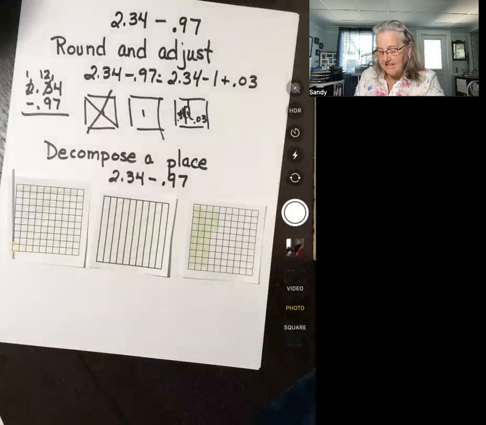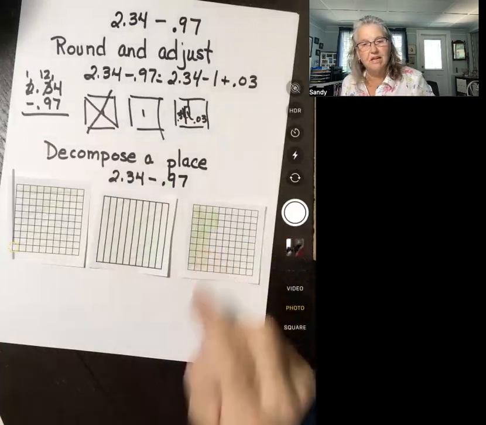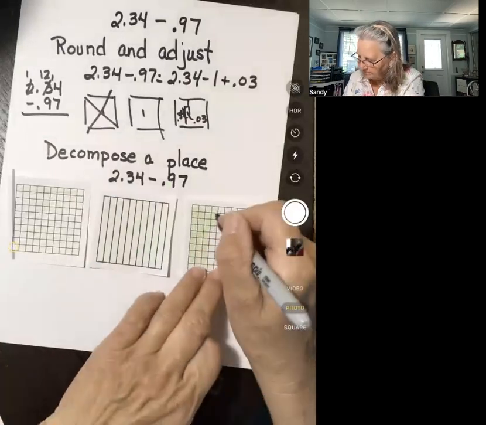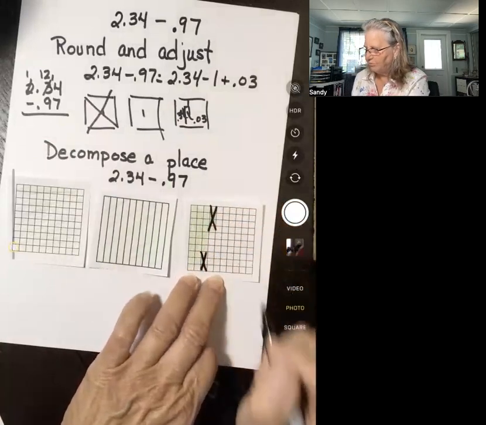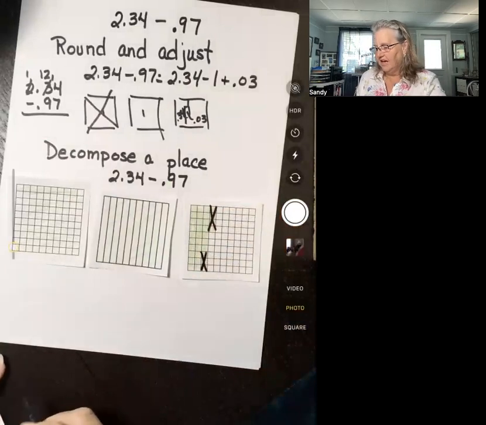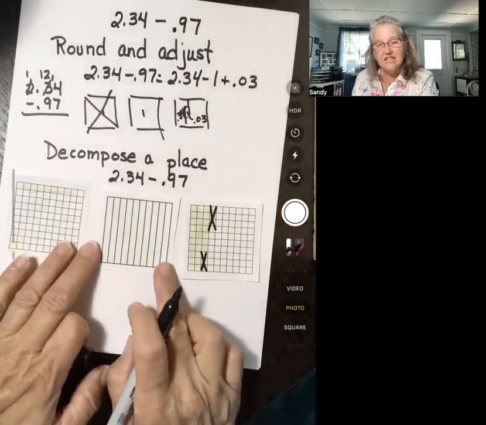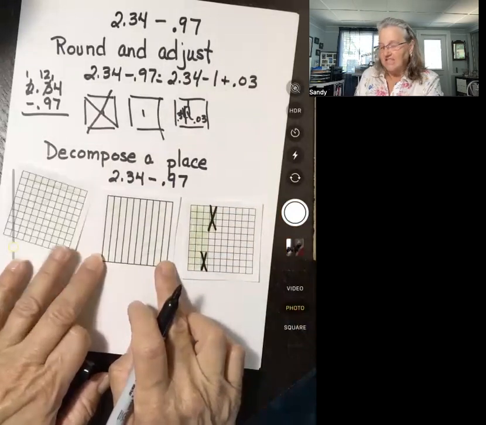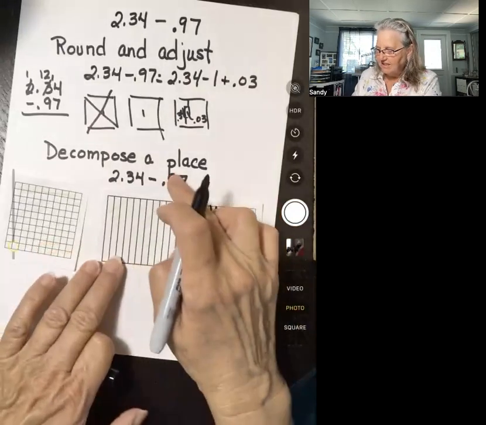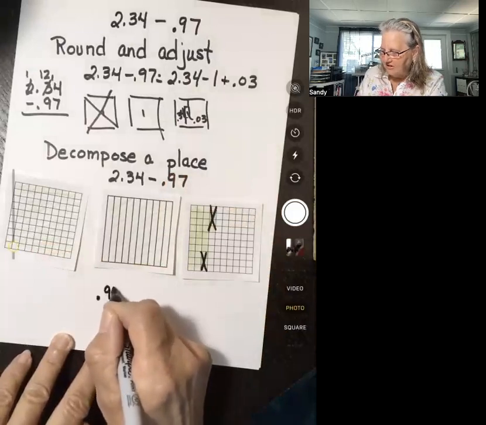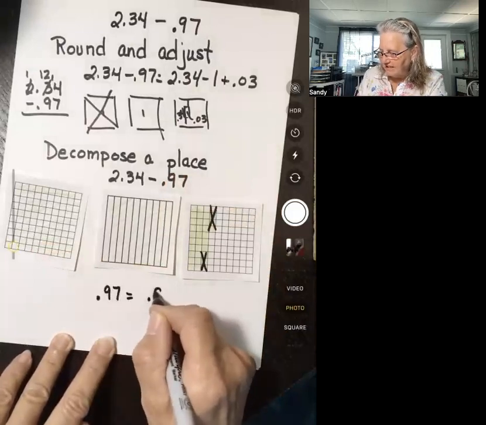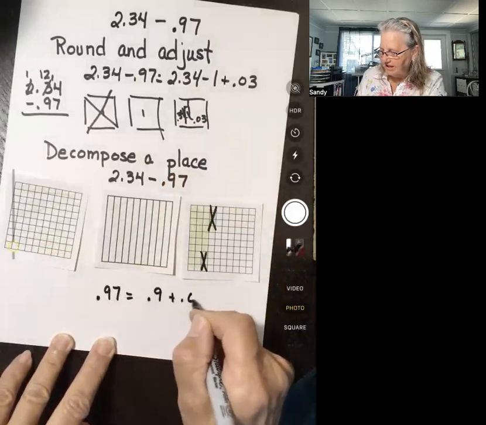And to remove 97/100, well, I can remove 7/100 from here. Doesn't matter which 7/100 I remove. I remove 7/100 from here. And then I think of this as 9/10, because this is my 9/10. I'm thinking of this 97/100 as 9/10 put together with 7/100.